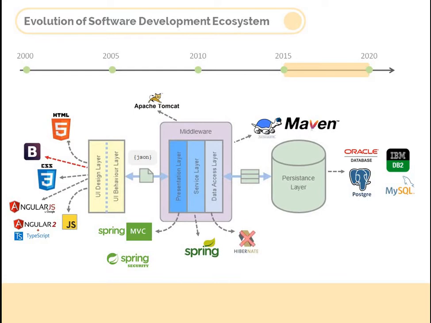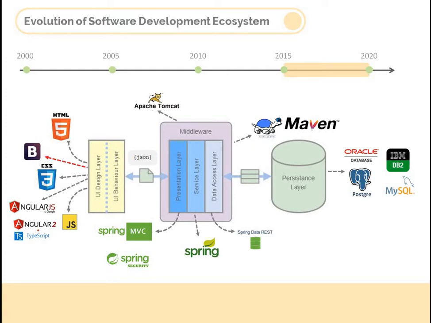So Hibernate is still used, but it's starting to move out gradually. And it was replaced with Spring Data because of NoSQL based technologies, and we'll come to NoSQL in a little while.